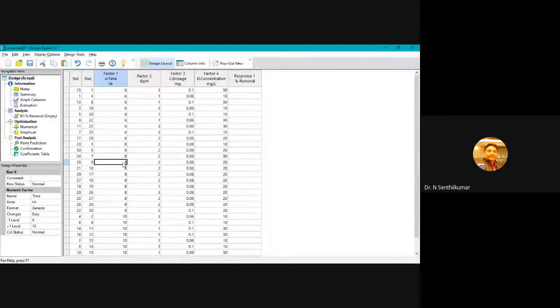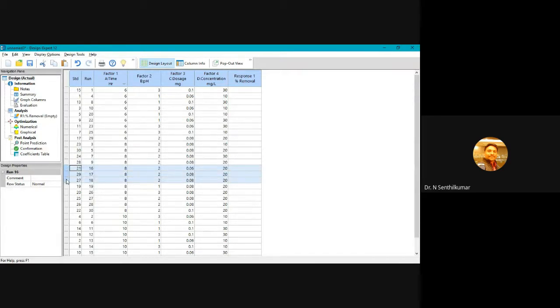Now here also you can see some experiments are being repeated. Here you can see the time is 8, pH is 2, and dosage is 0.06, and the concentration is 20. You can see it has been repeated.